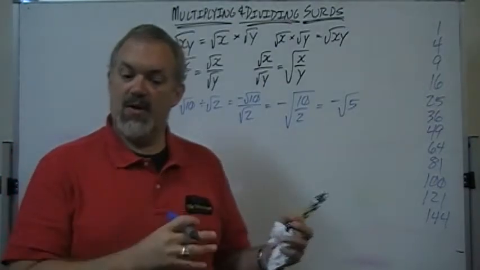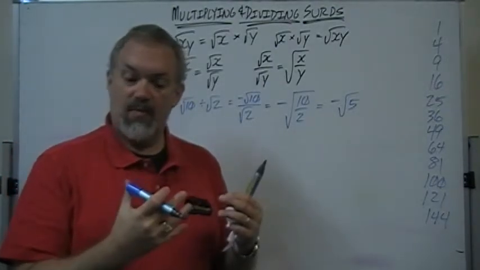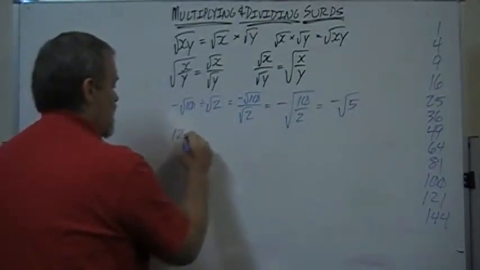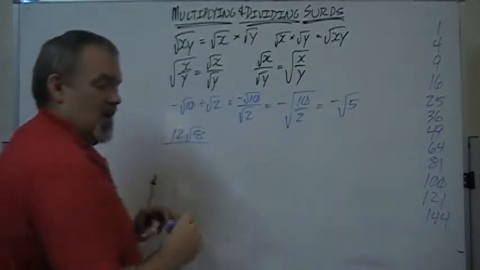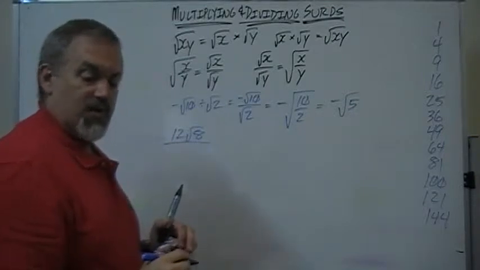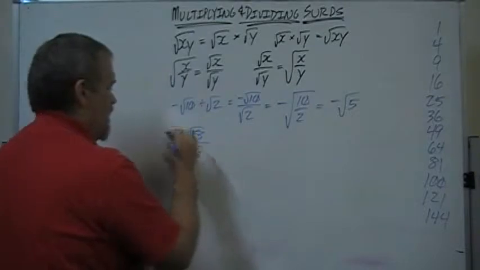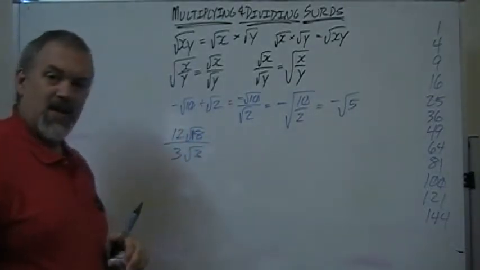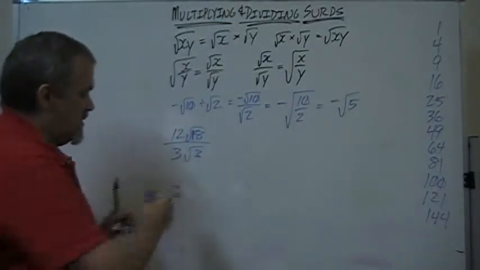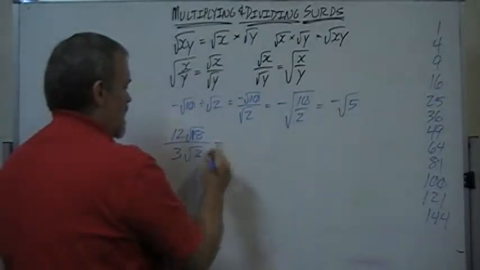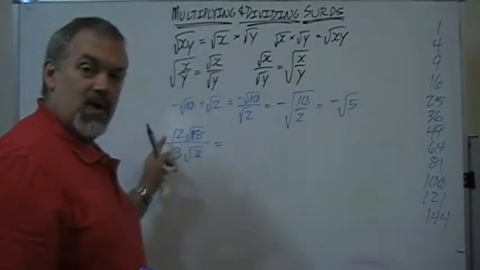Again, just like with the multiplying, we can do this with more complex ones as well. In this example, 12 square root of 18 divided by 3 square root of 3. Just like with the multiplication ones, we do the numbers first, and 12 divided by 3 is 4.